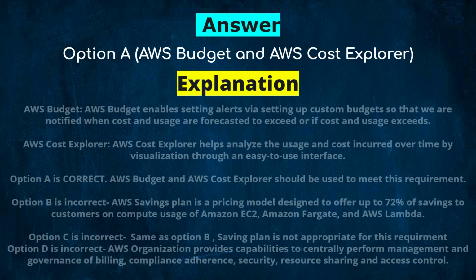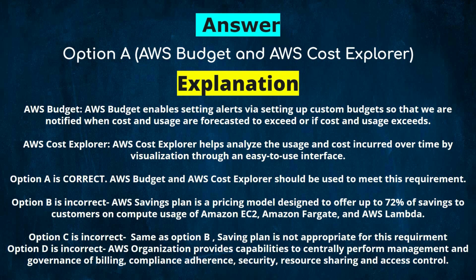Explanation. AWS Budgets enables setting alerts via custom budgets so that we are notified when cost and usage are forecasted to exceed, or if cost and usage exceeds. AWS Cost Explorer helps analyze the usage and costs incurred over time by visualization through an easy-to-use interface. Option A is correct. AWS Budgets and AWS Cost Explorer should be used to meet this requirement. Option B is incorrect.